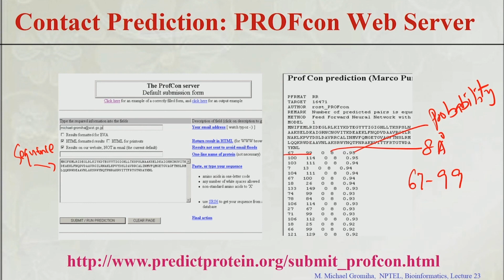For example, if you see 69 to 99, what is the distance separation? 32, 33. So, you see i minus j is 32. If you see this one, i minus j equals 8. Okay. So, we have all the contacts.